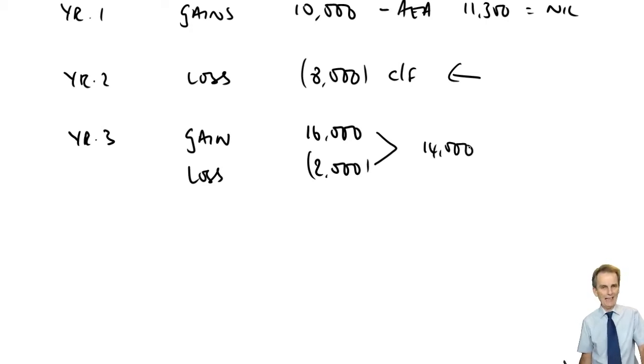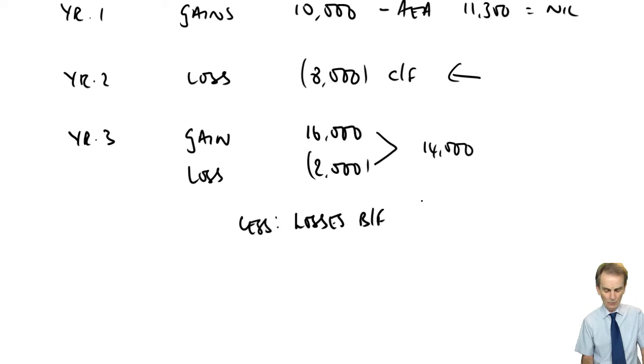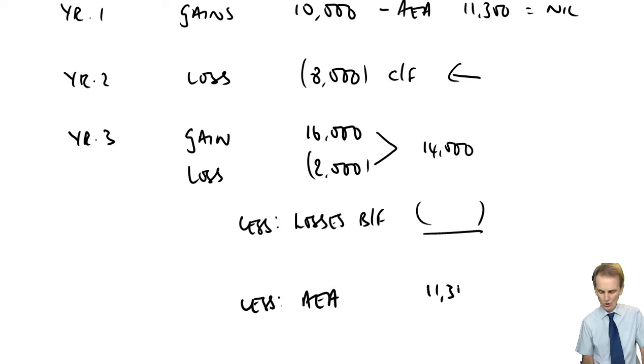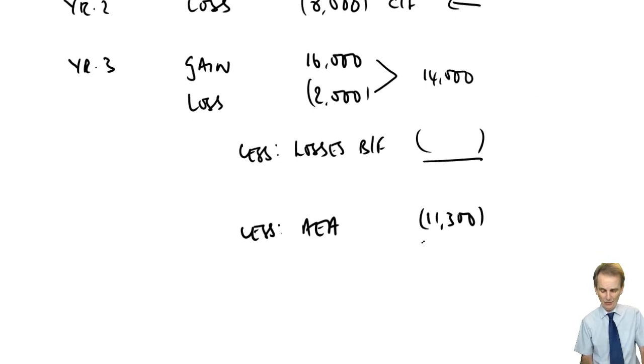Now, once you've got your net gains of the year, 14,000, what do we then do? We have 2 deductions that may then go against it. Losses brought forward, which of course we have here, and then less our AEA, which we'll just assume is a constant throughout these 3 tax years at 11,300, to bring us down to what then might be any taxable gain.